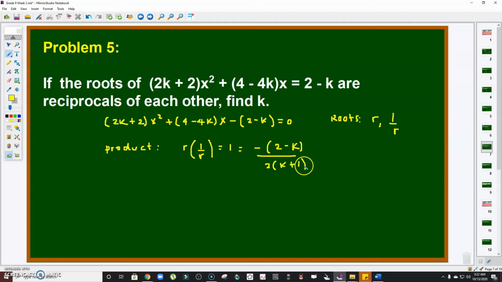Okay, there you go. Now, actually, makukuha na natin. So, since we're just looking for the value of k, cross multiply. So, I'm going to have 2 times, hindi ko na pala finactor, okay lang. 2k plus 2 equals, distribute ko yung negative 1. So, I'm going to have negative 2 plus k. Can you follow? So, this negative 2, this is positive k. So, therefore, combining like terms, I'm going to have k equals negative 4.